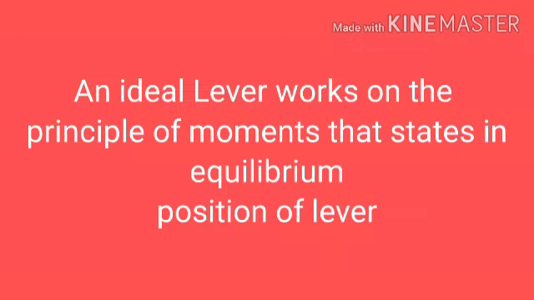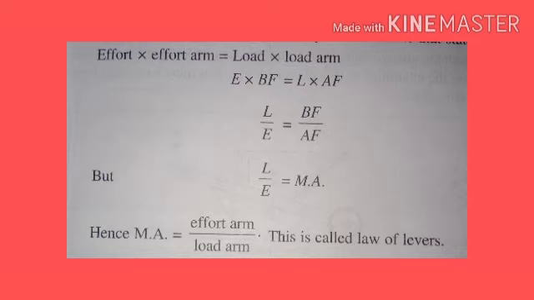An ideal lever works on the principle of moments that states in equilibrium position of lever, effort into effort arm equal to load into load arm, means E into BF equal to L into AF.